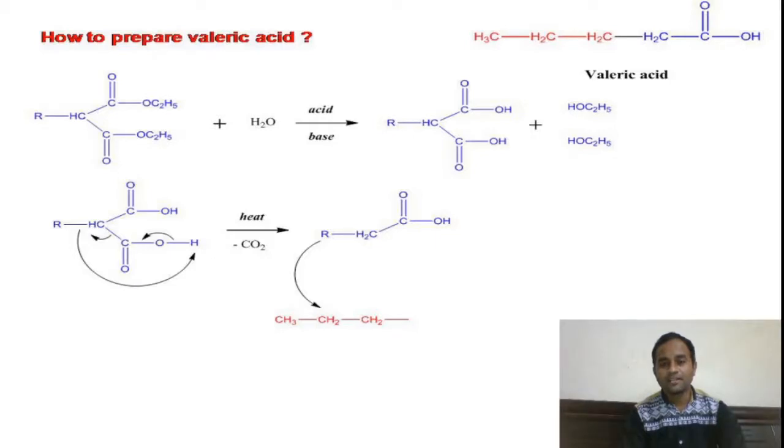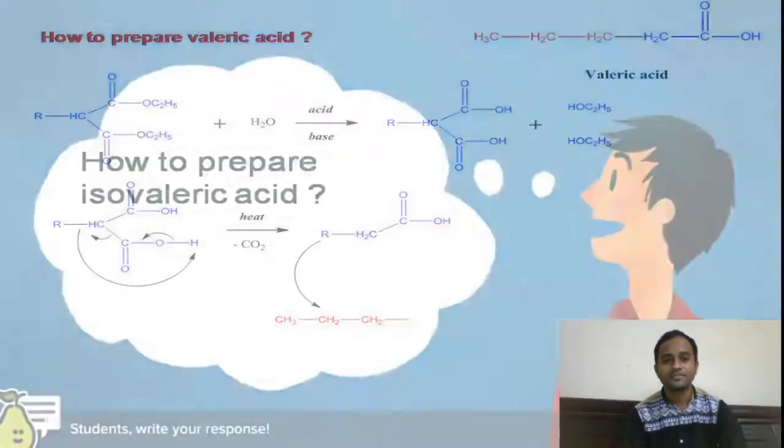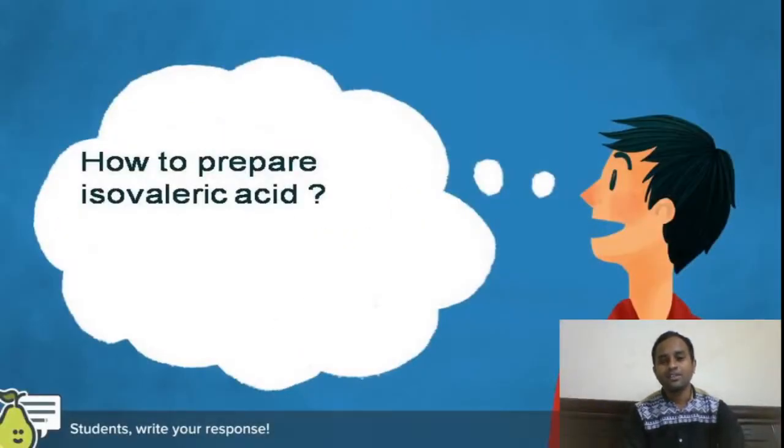If we replace the R group with the propyl group, that is 3 carbon atoms, we will get valeric acid. Yes or no? Yes. So when we take propyl as the R group, we will get valeric acid as the product, right? Coming to the second question: how to prepare isovaleric acid?